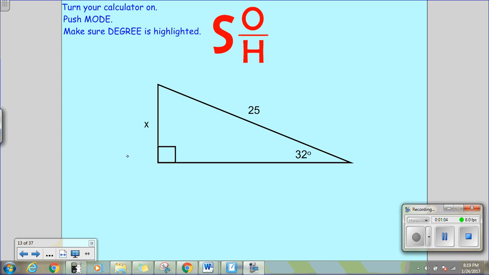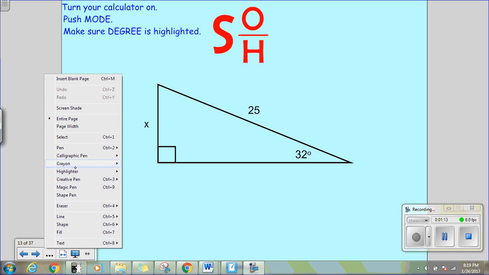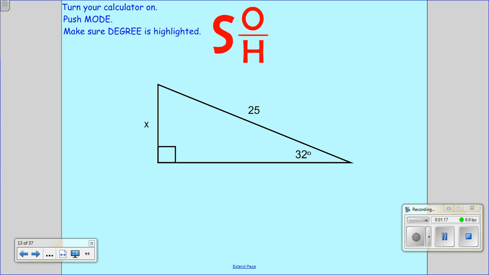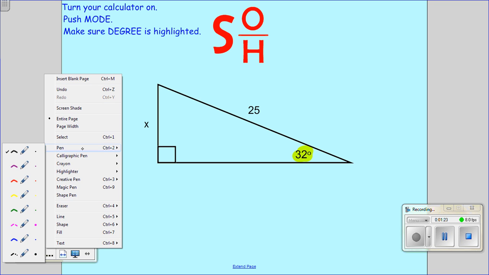But anyways, so if I look at this triangle on this first example, my reference angle is 32 degrees. So let's highlight my reference angle. It's right here in this corner. Based on this reference angle, let's label the sides.